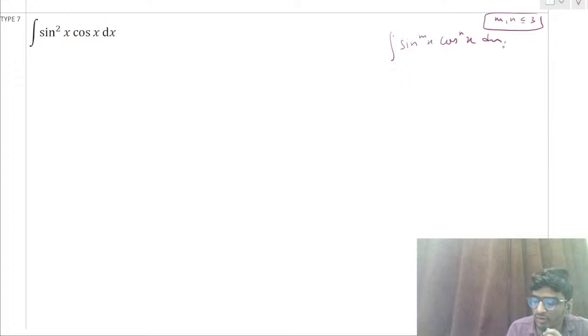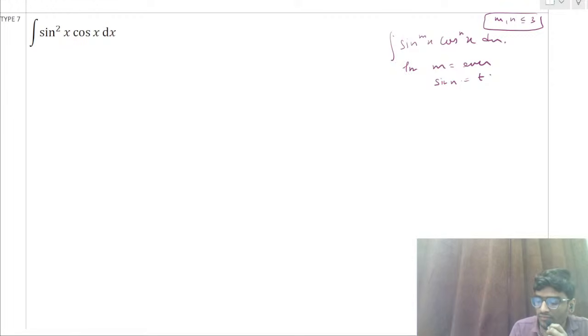So if m is even, meaning the power of sine is even, then we are going to take sin x as t.